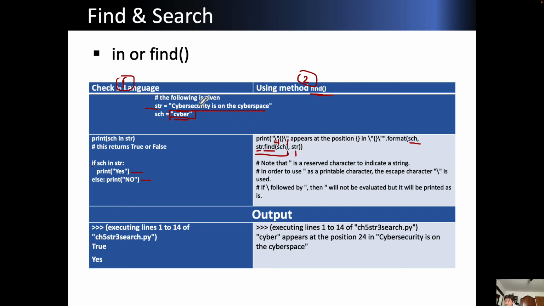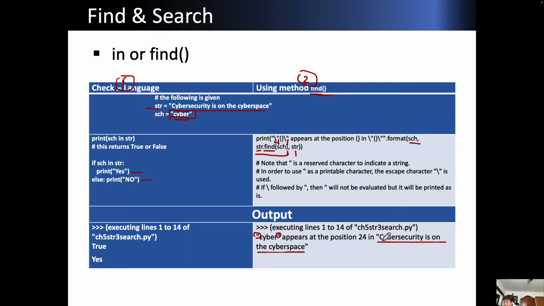str is this entire text. If it is matched at first, in this example, cyber, see here, this is the output with quote and unquote. Cyber appears at position 24 in this given string, the entire thing repeated, right? str is the third placeholder here, and also in quote and unquote, positioned at position 24.